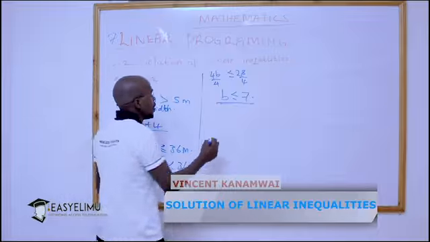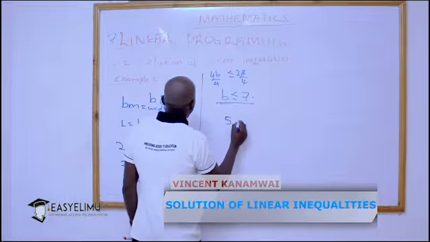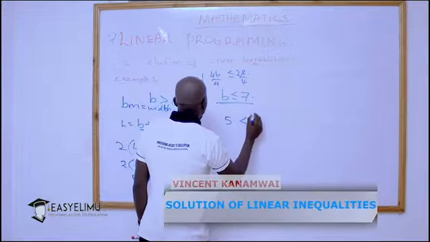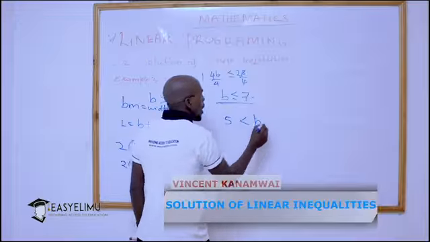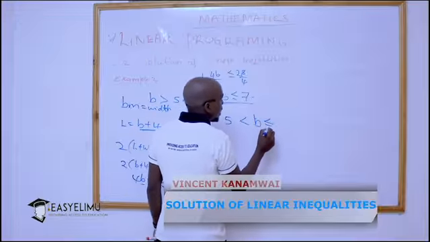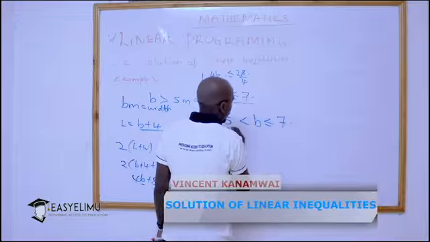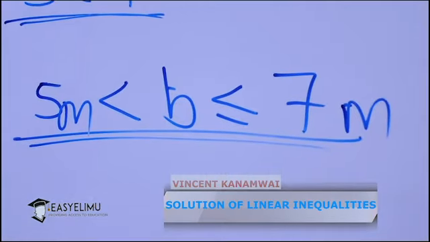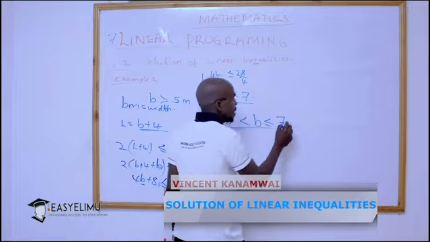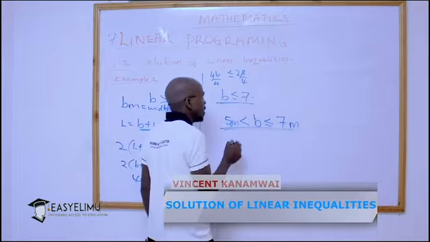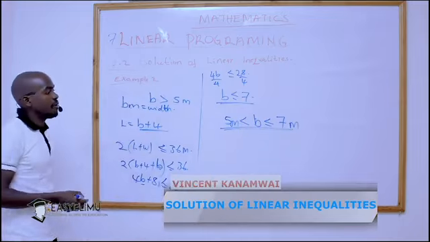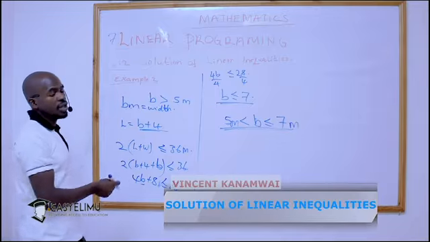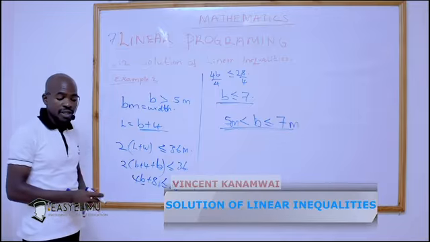So meaning we can take 5 is less than b, but this b is less than or equal to 7. So that is the range of values which satisfies the given inequalities. This is 5 meters to 7 meters, because b is in dimension of meters.